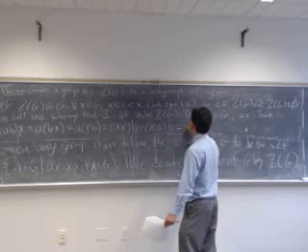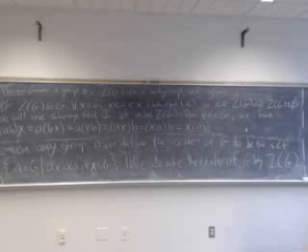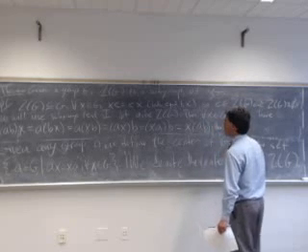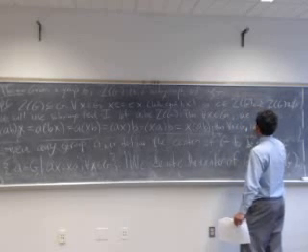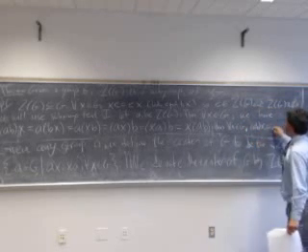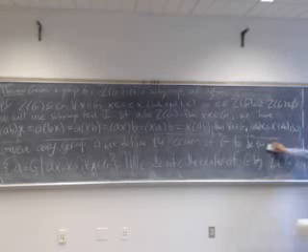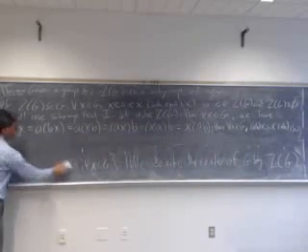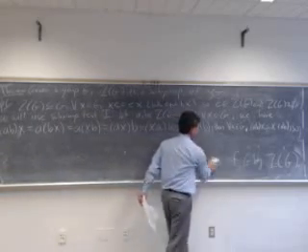And yet again, we have associativity. So XA times B is the same as X times AB. So thus, for all X in G, ABX equals XAB. What does that mean? That means exactly that AB is in the center, right? Because it commutes with every X in the group G.